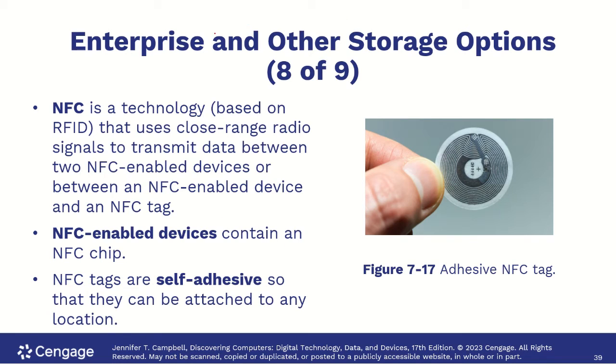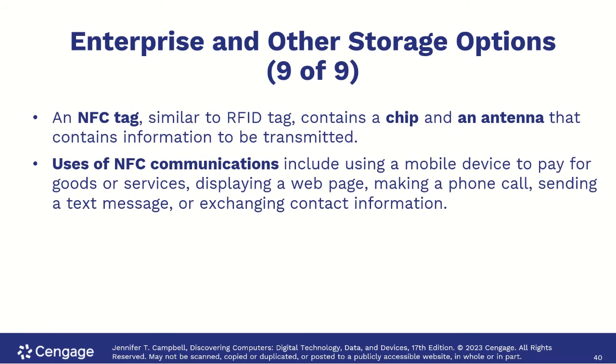NFC devices, like your iPhone, are not just used as a payment mode; they can be used as a key to your house as well. An NFC tag, similar to an RFID tag, contains a chip and an antenna that contains information to be transmitted.